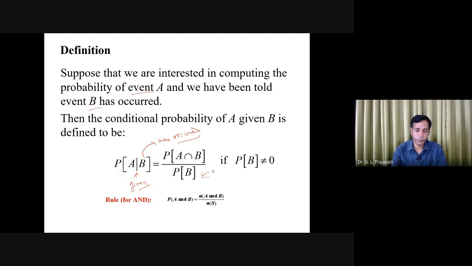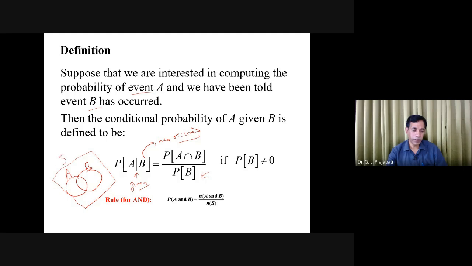See, as soon as you are told that event B has occurred, okay, you have two events, A and B. You may have a situation like this. So in the sample space, you have the events A and B, and you are supposed to compute the probability for A given that B has occurred.